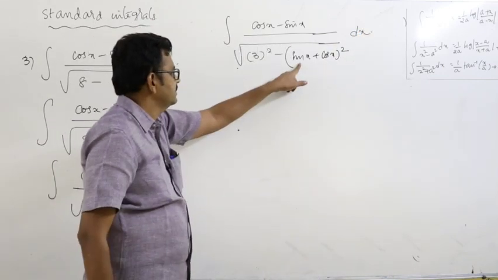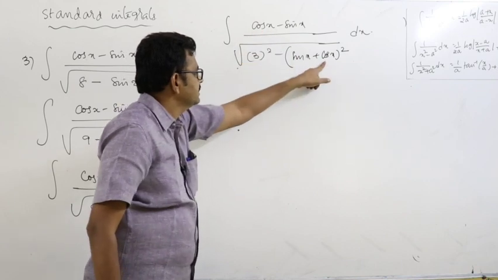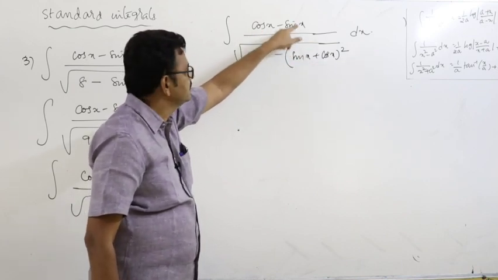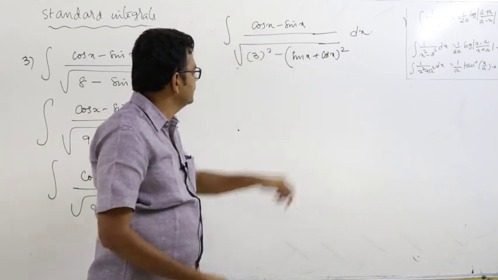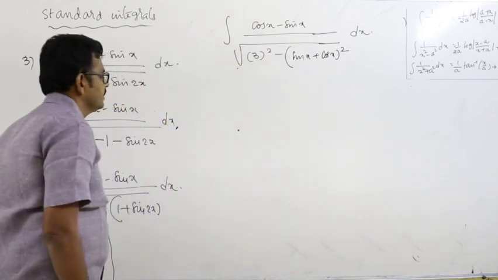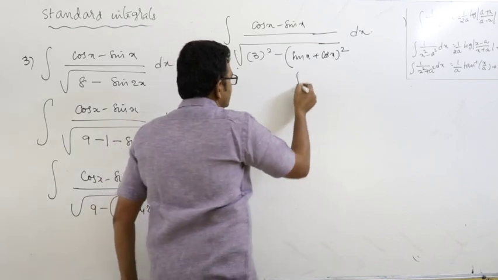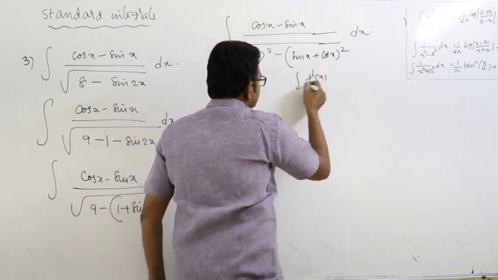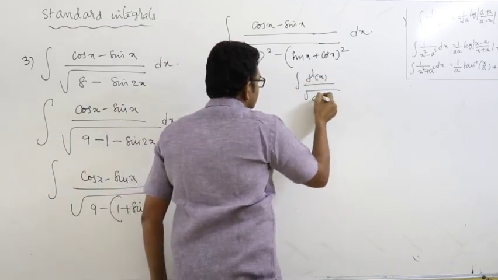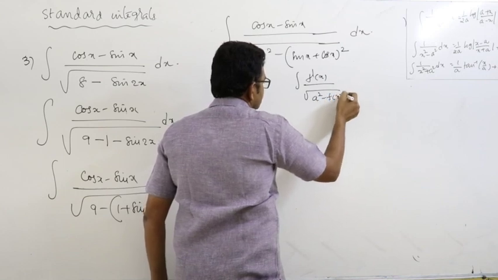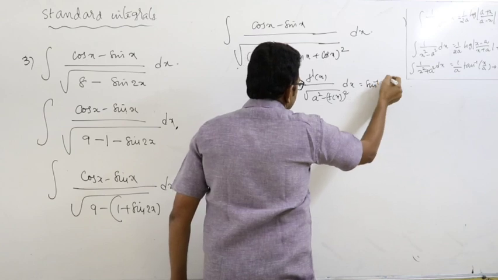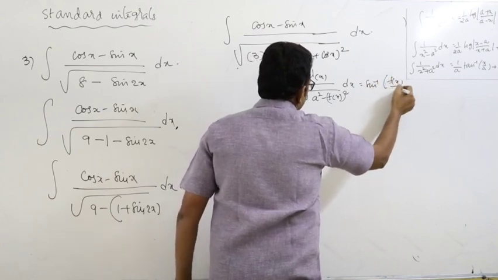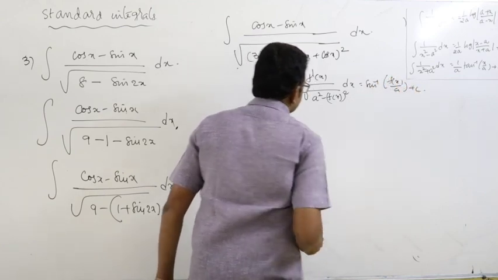Now the derivative of sin x is cos x, and the derivative of cos x is minus sin x. This is f dash x by root of a square minus f of x whole square, of the form integral f dash x by root of a square minus f of x whole square dx. The formula is sin inverse of f of x by a plus c.